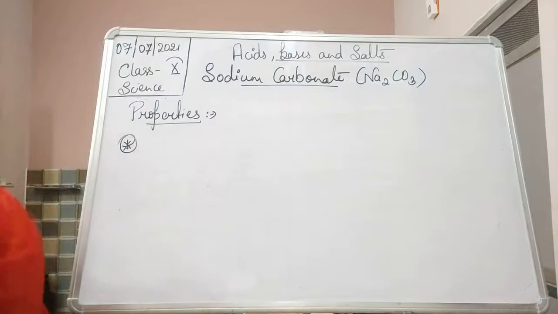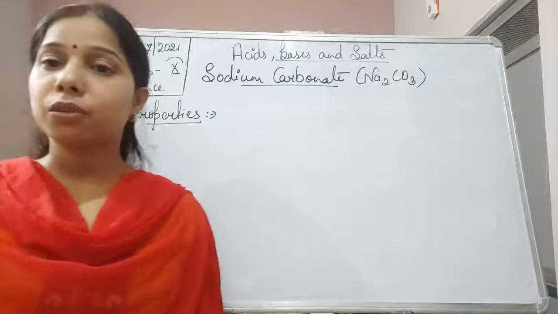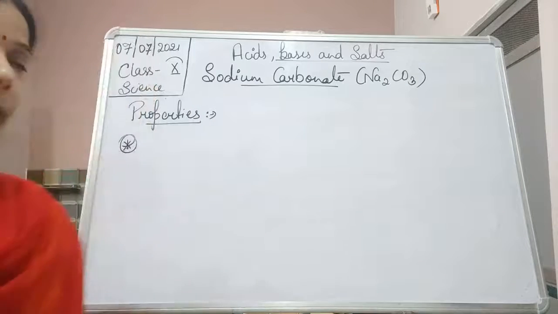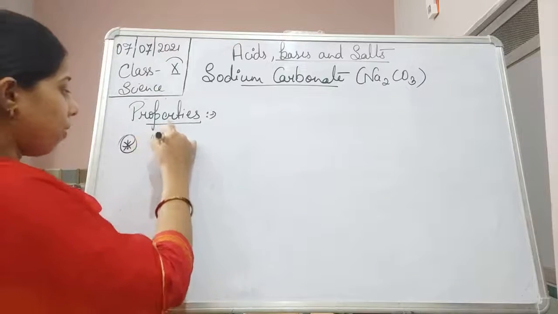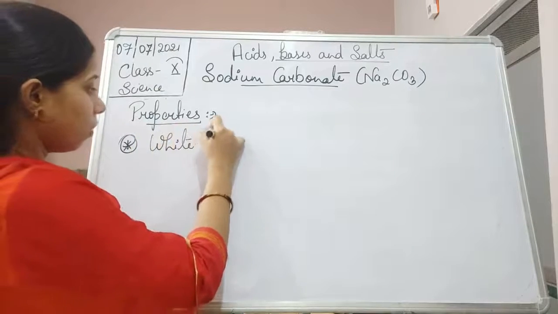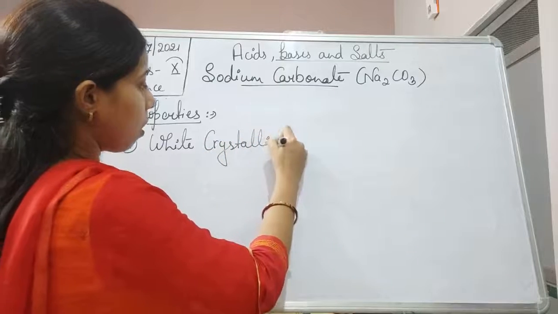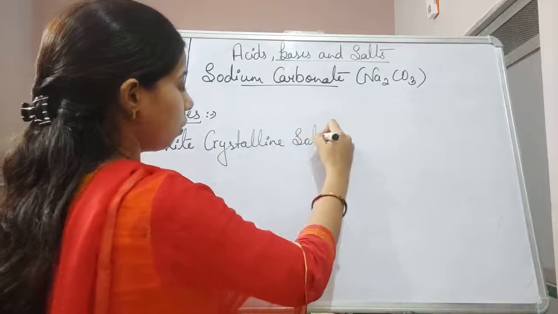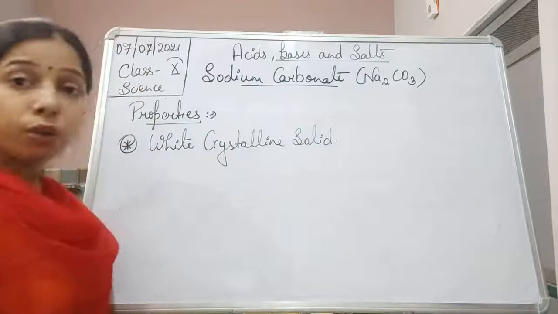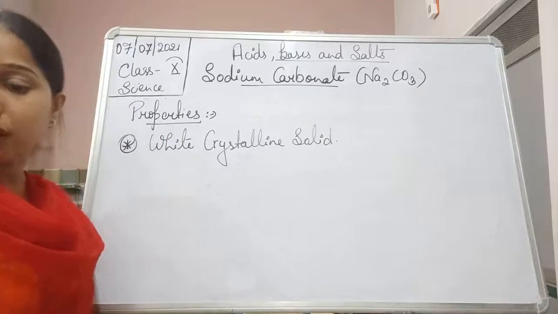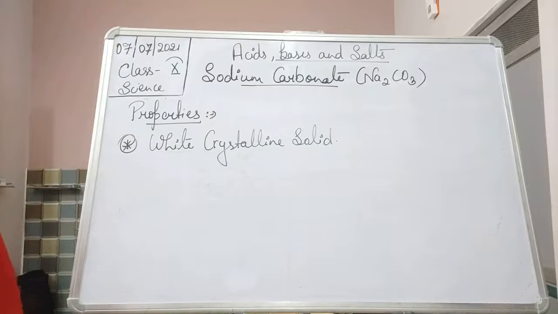The first property of sodium carbonate is that it is a white crystalline solid. When you look at it, you will find that it is a white crystalline solid.